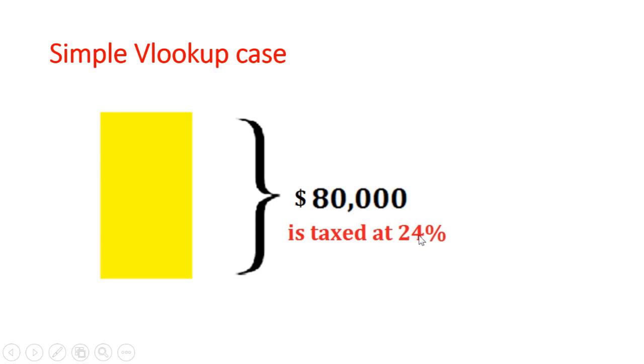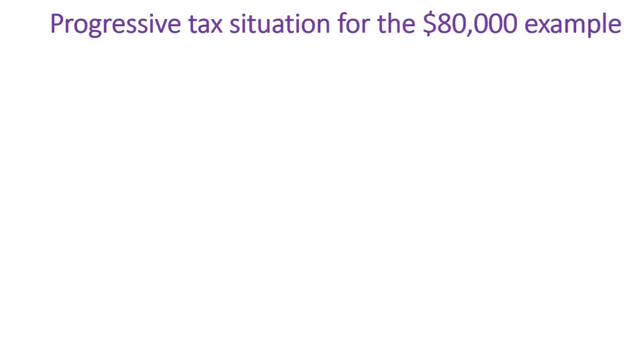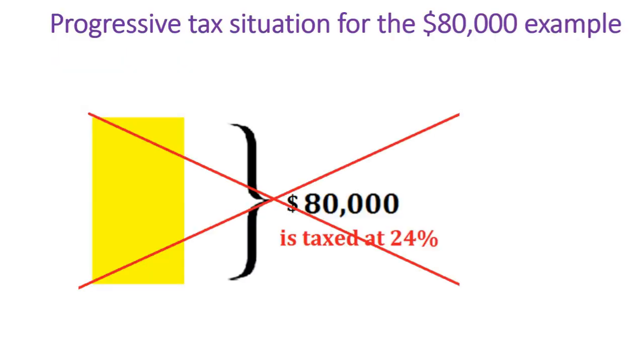But in most countries, this is not the case. They use what they call a progressive tax, where each tax bracket has its own rate. So in the 80,000 case, we cannot just use the whole 80,000 and multiply by the 24%. So we cannot rely on the simple VLOOKUP like what we have previously done.